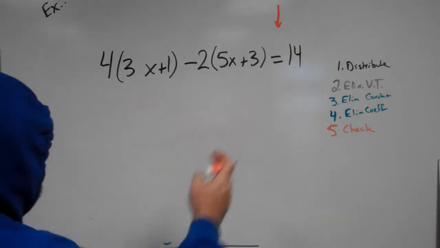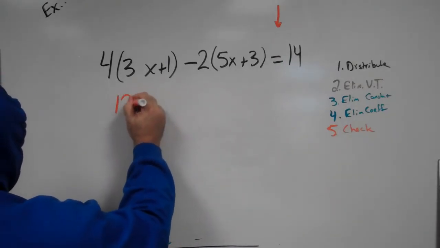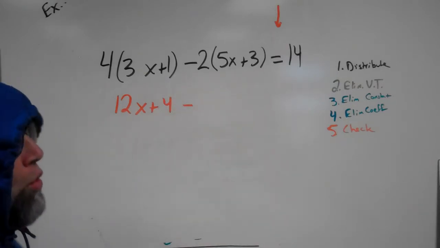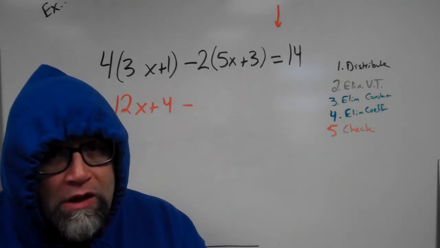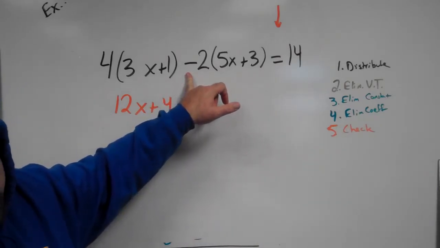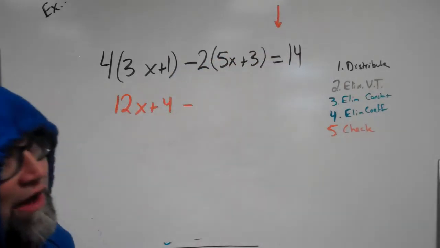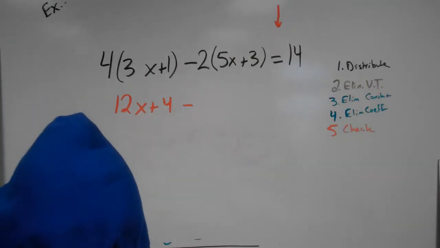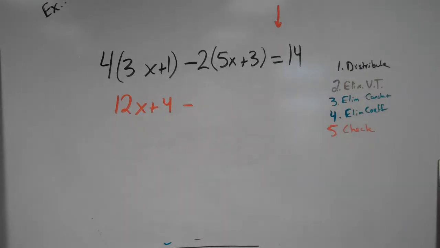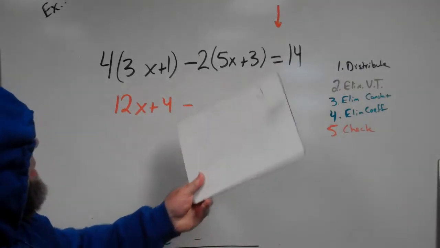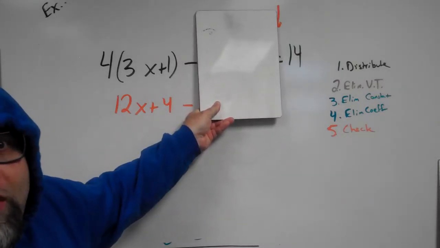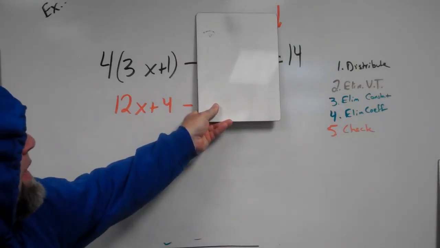So first thing is still distribute, giving us 12x plus 4. Now, this is important. This minus sign is telling me it wants the opposite of everything after it. So if I cover this up here, it's telling me it wants the opposite of everything beyond that.